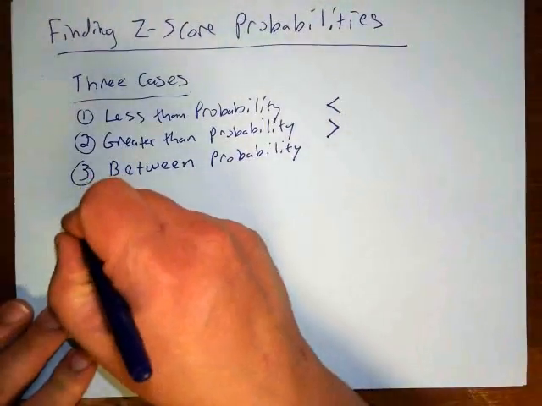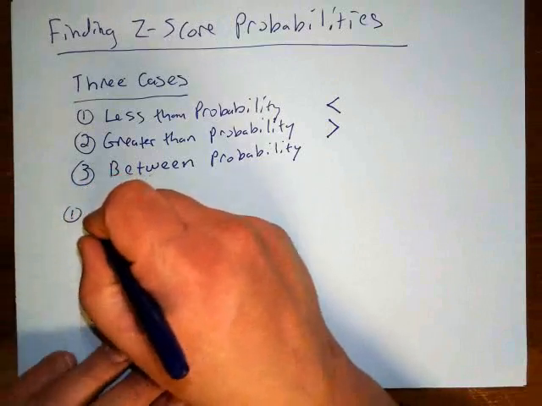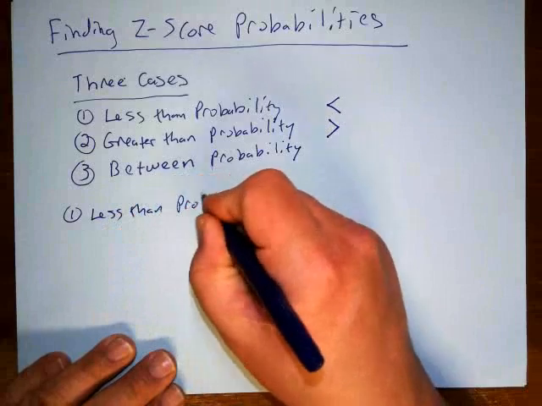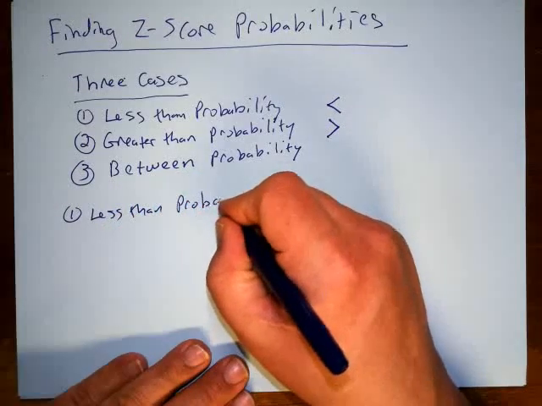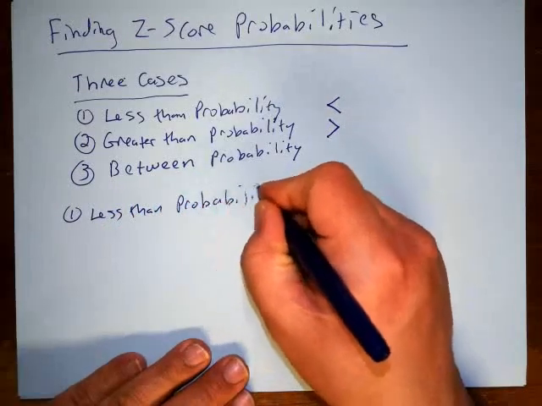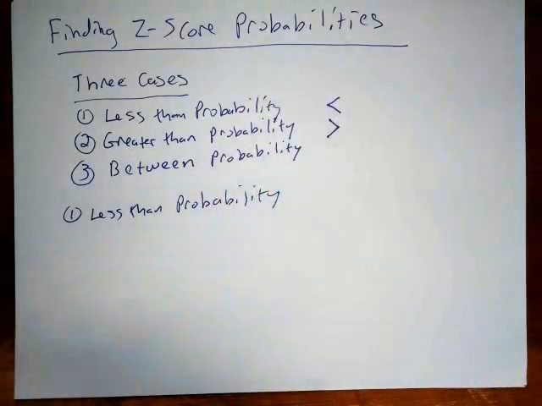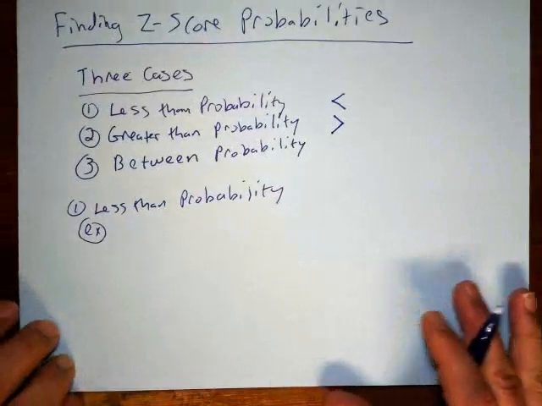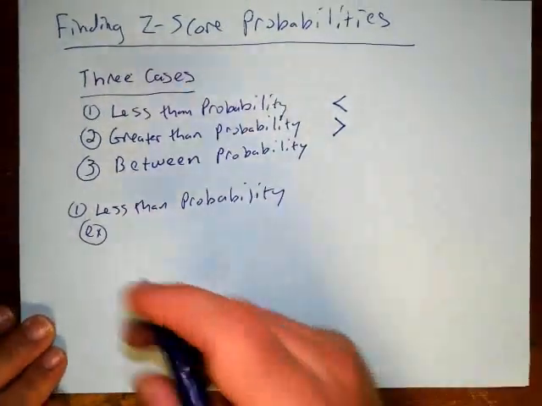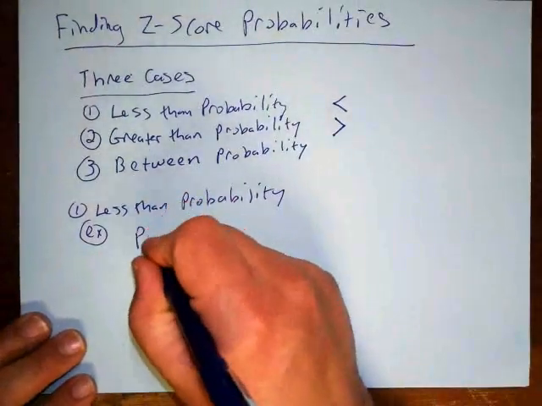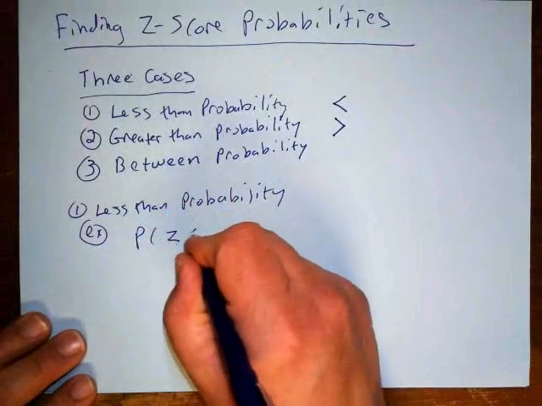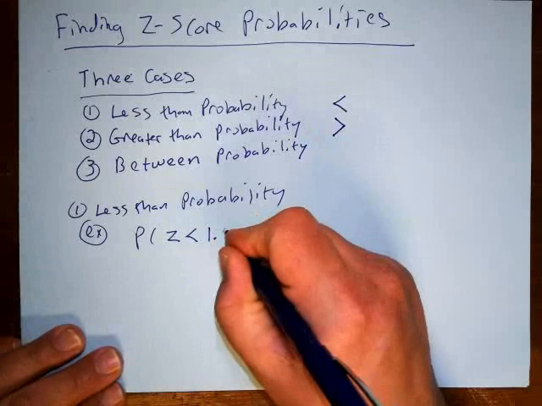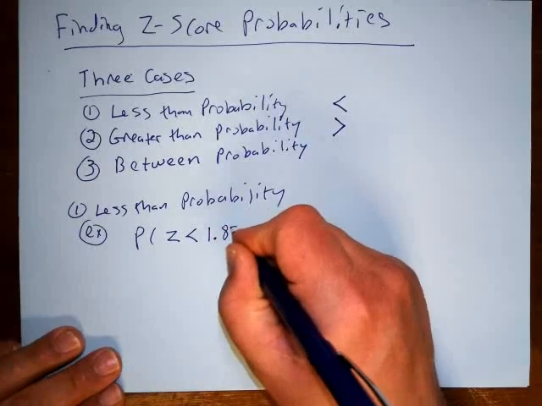So the first case here, which is a less than probability, is the simplest of the 3 cases. Let me just do an example, and then I'll write a rule out. Maybe for our example, I'll do the probability that z is less than positive 1.85.